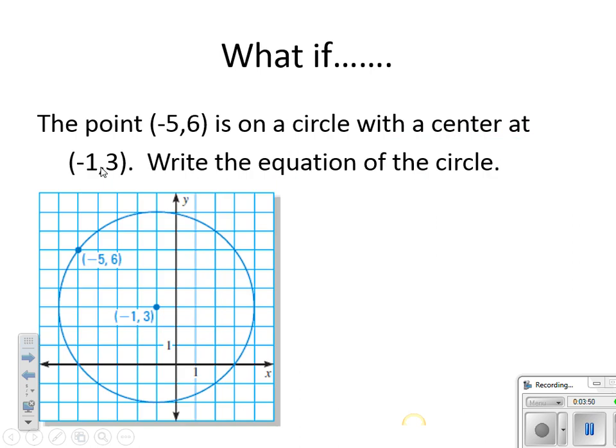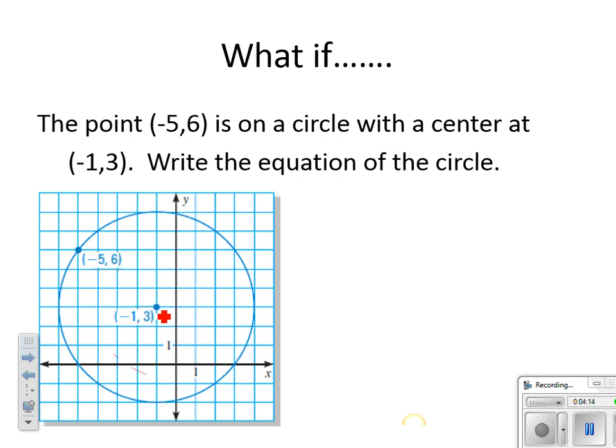So the point 5, -6 is on the circle. And with this circle, you have a center at -1, 3. You're going to write the equation of the circle. Well, what do we need in order to write the equation of a circle? We need the center and we need the radius. So we don't have a radius, but I have a picture of my graph right here.